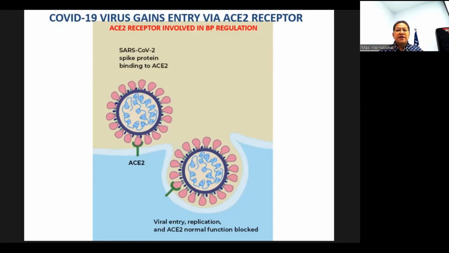So viral entry goes inside the cell, and then the other components of the cell come into play, and that tricks our cell to go into production, replicating the viral components. At the same time, the normal function of the ACE2 receptor is blocked, occupied by the viral component.